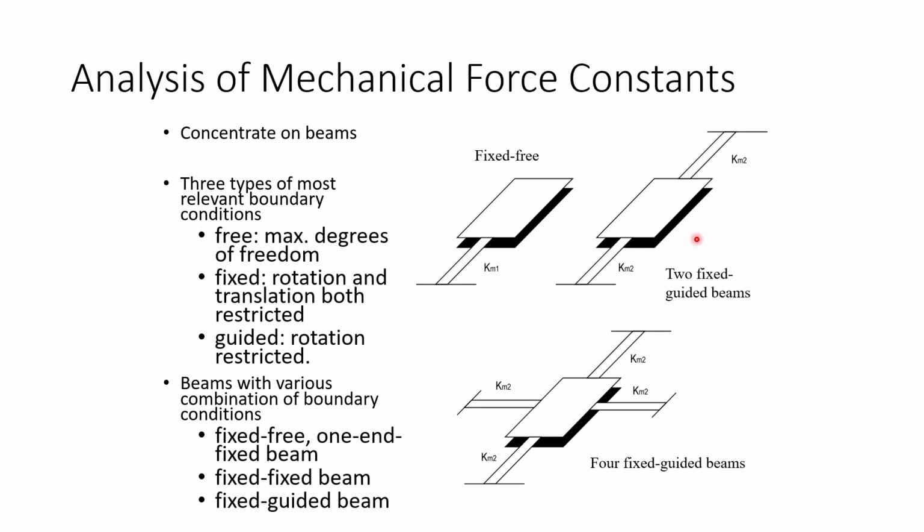This one is called a fixed guided beam. Both ends are fixed, and this one is also fixed and guided, because the center cannot rotate. So it's fixed guided beams, but we have four of them in parallel.